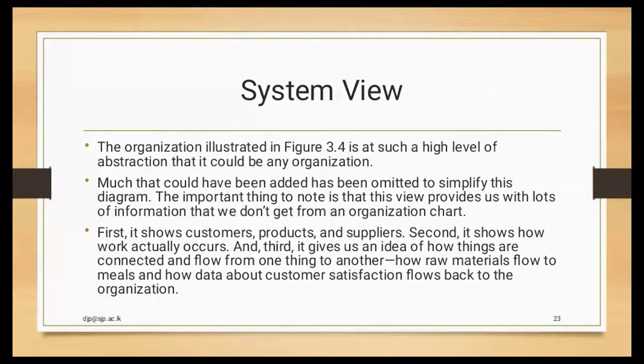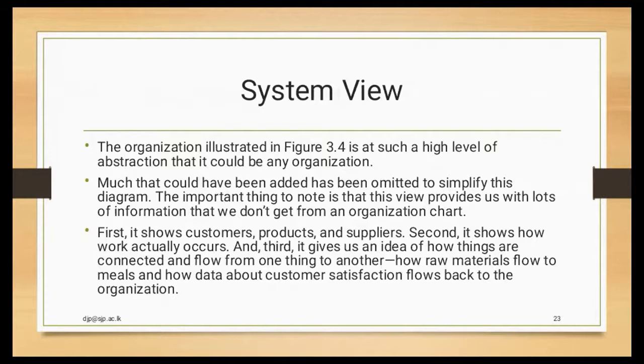The important thing to note is that this view provides us lots of information that we don't get from an organization chart, right? So much of the information we see in the system view we won't get from a traditional organization chart. First, it shows the customer, and the products and the suppliers.